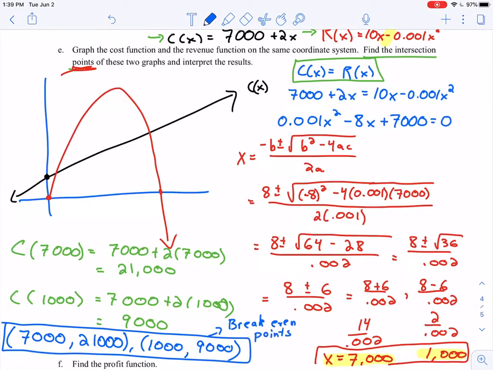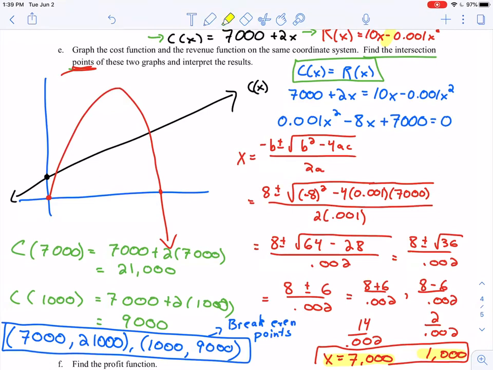Because usually that means it's where you break even. That means where you overcome your initial costs and you begin to make a profit. But break even in this case could be a bad thing as well. Sometimes these are called equilibrium points as well. Some books just define it differently.